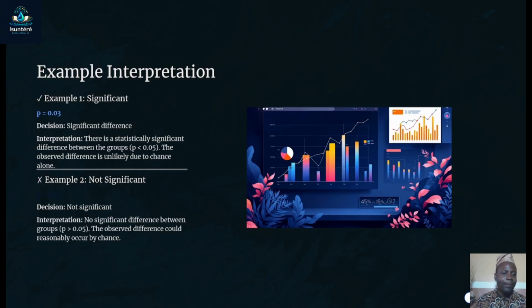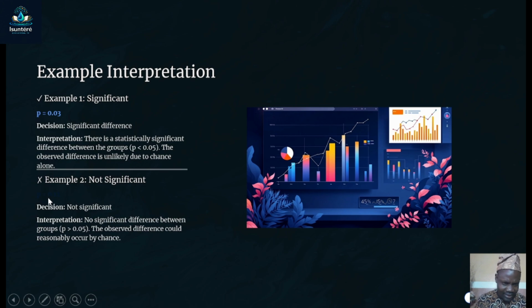So I want to interpret. In this one, p is 0.03. I will just decide that there is a statistically significant difference between the groups because the observed difference is unlikely due to chance alone. Example 2, not significant. So let's say the p-value in example 2 is 0.12.